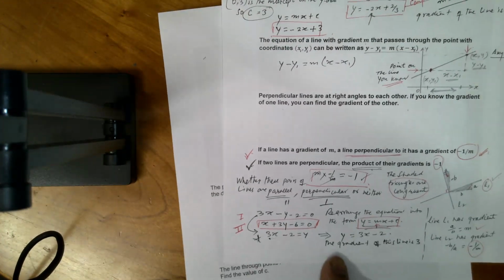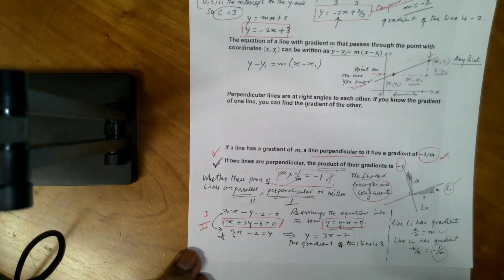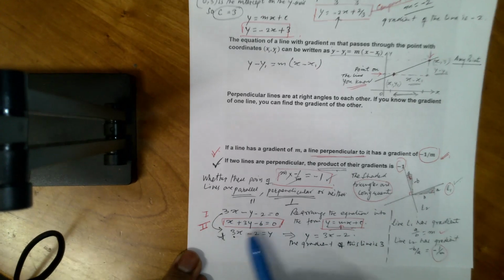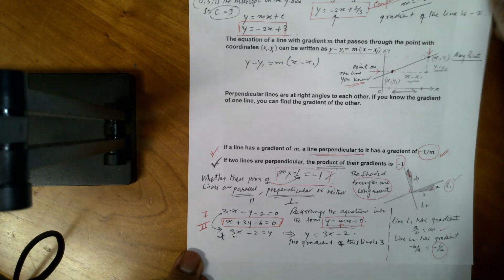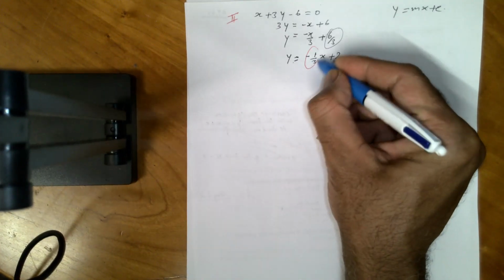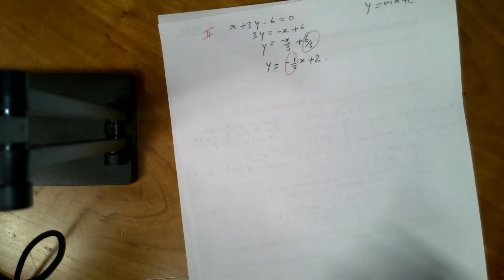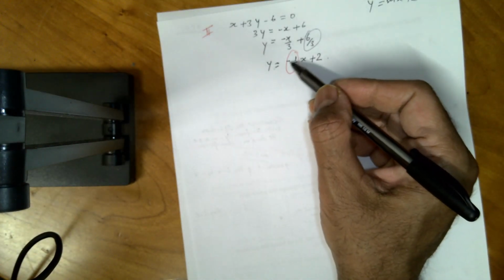With the second equation, this is your gradient, minus 1 over 3. So now you have two equations. One gradient is 3 and the other is minus 1 over 3.